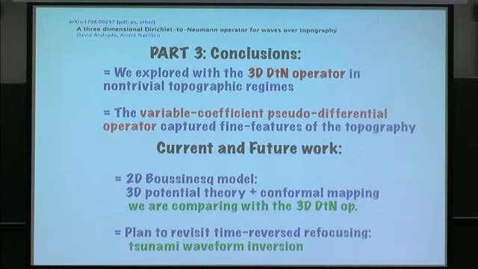So this is basically weakly dispersive, weakly nonlinear. One can play with solitary waves now with oblique incidence, whatever, yet to be done. This is a little bit wishful thinking at this stage, but the model seems to be working. So this is the plan for the future, which is the tsunami waveform inversion and refocusing and so on.